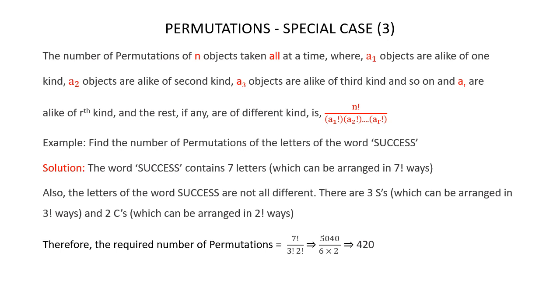So the required number of permutations is 7 factorial divided by 3 factorial multiplied by 2 factorial. Now 7 factorial is 5040, 3 factorial is 6 and 2 factorial is 2. So substituting these values in this fraction here and solving, we get 420. So the number of permutations of the letters of the word success is 420.